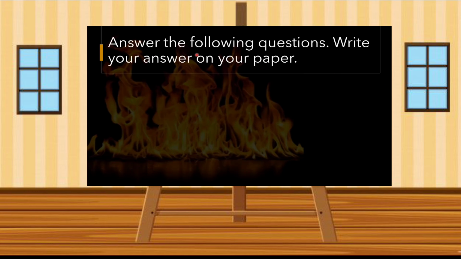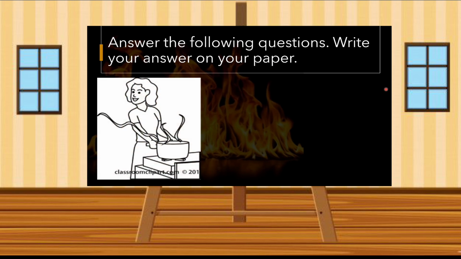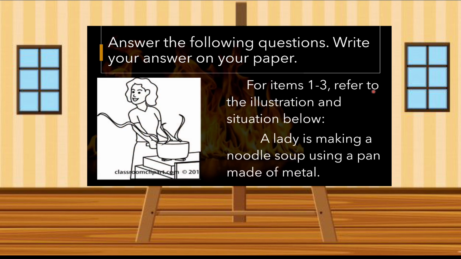For your evaluation, answer the following questions. Write your answer on your paper. For items 1 to 3, refer to the illustration and situation below. So this is the illustration. So the situation is, a lady is making a noodle soup using a pan made of metal.